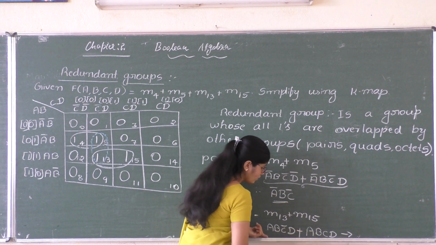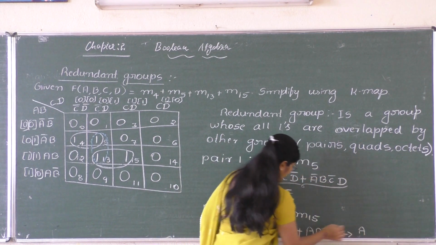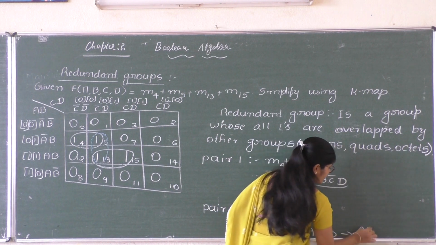A, yes, A is a common variable. Write the variable. Next B, yes, B is also common.